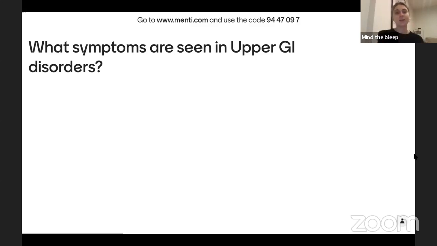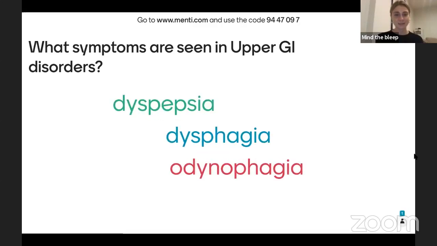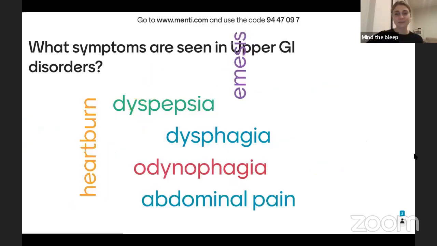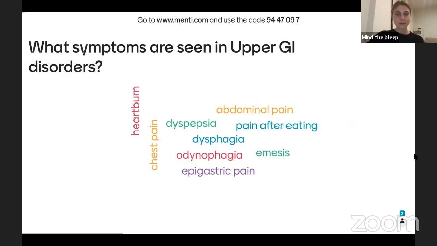So again, if you go to menti.com, and the code is the same, and just if you could think of any other symptoms. Perfect, I'll give you a few minutes.